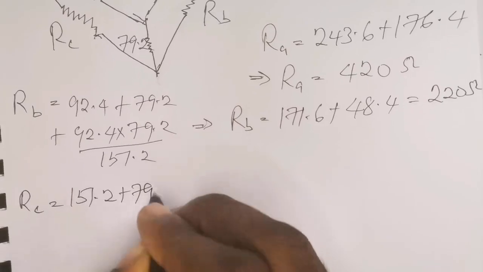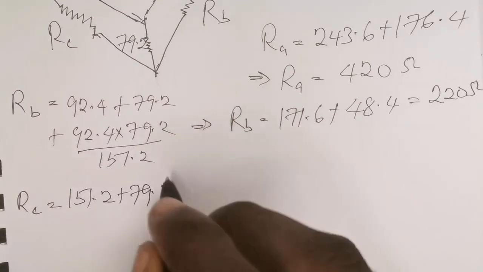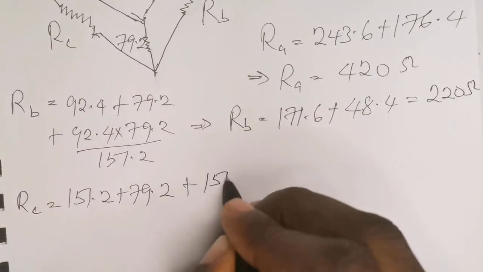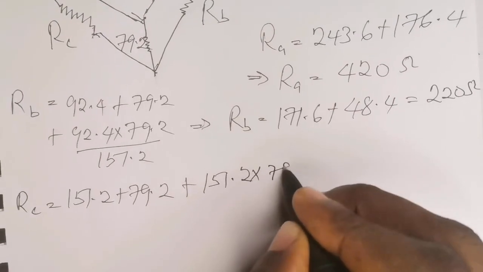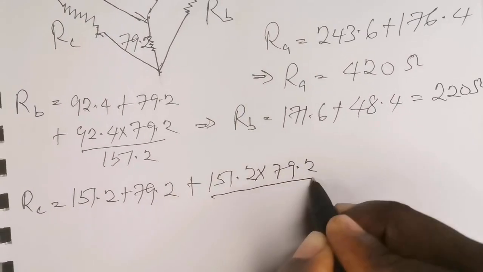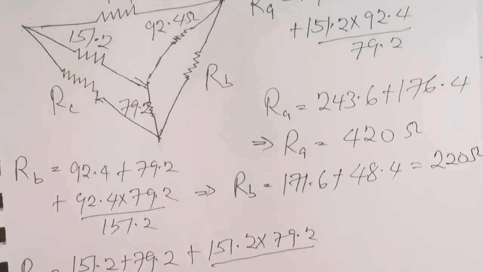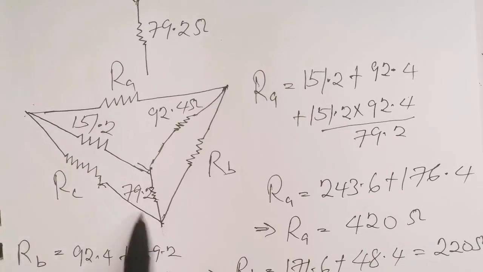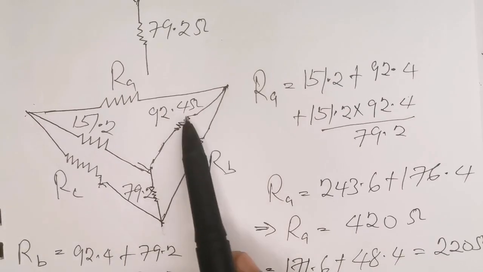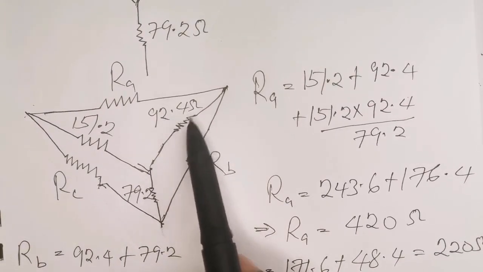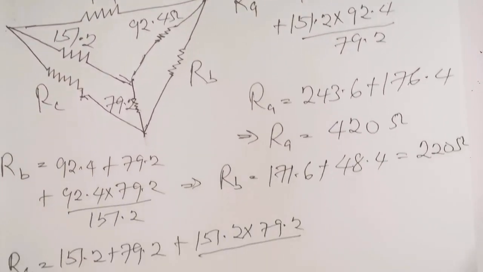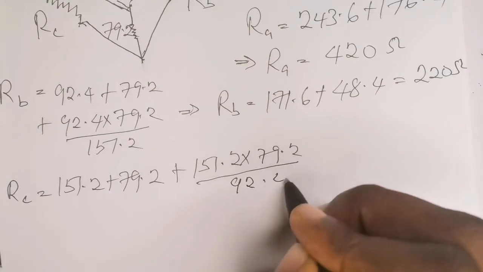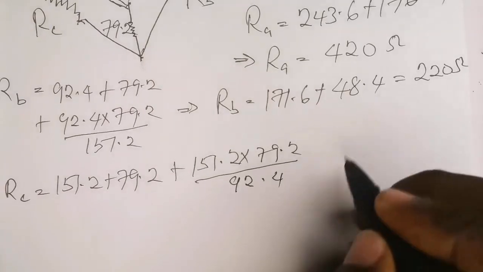Again, plus, now you find the product of these same two, 151.2 multiplies 79.2, but now dividing by the resistor which is not part of the triangle. So these are the triangle with RC, whereas this resistor 92.4 is not among the triangle, so you divide by 92.4. So let's see what this value gives us.